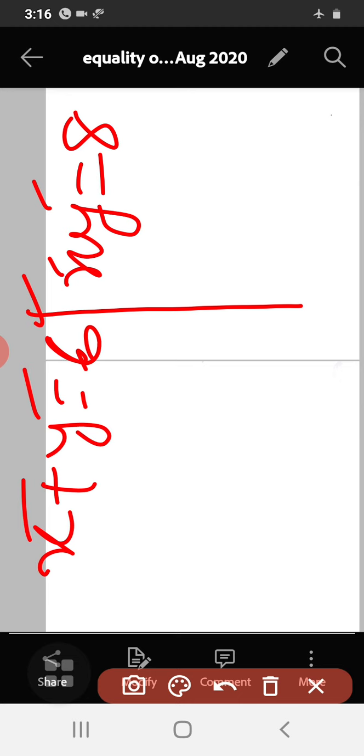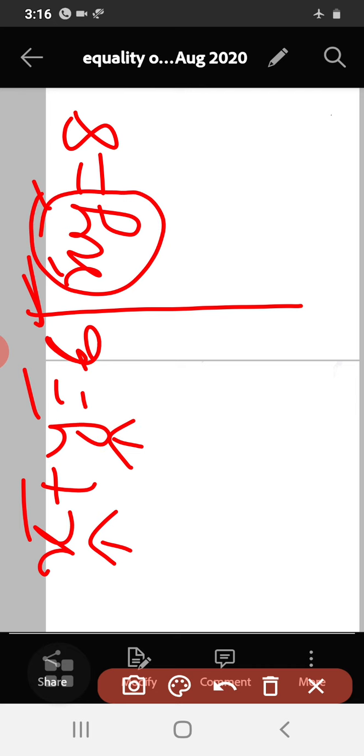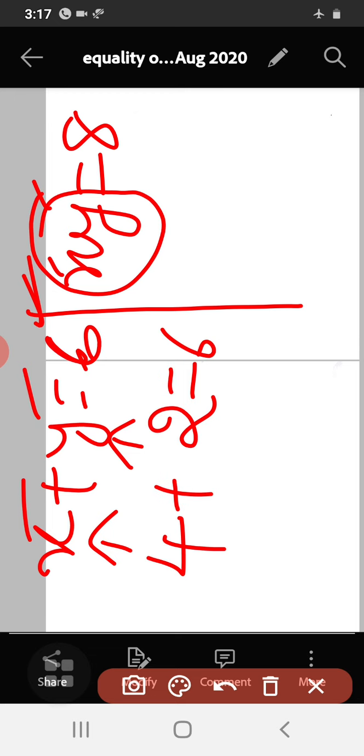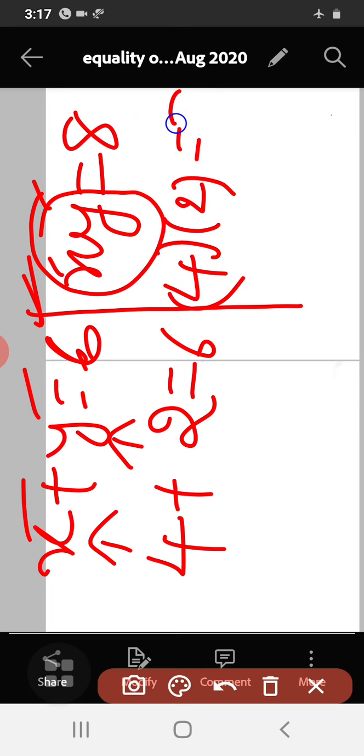So this we can work out in detail, otherwise we can simply guess the values and write it directly. See here, sum of the two numbers is 6, product of the same two numbers is 8. So what are those numbers? So I can say here 4 plus 2, that is 6, and here 4 into 2, that is 8.